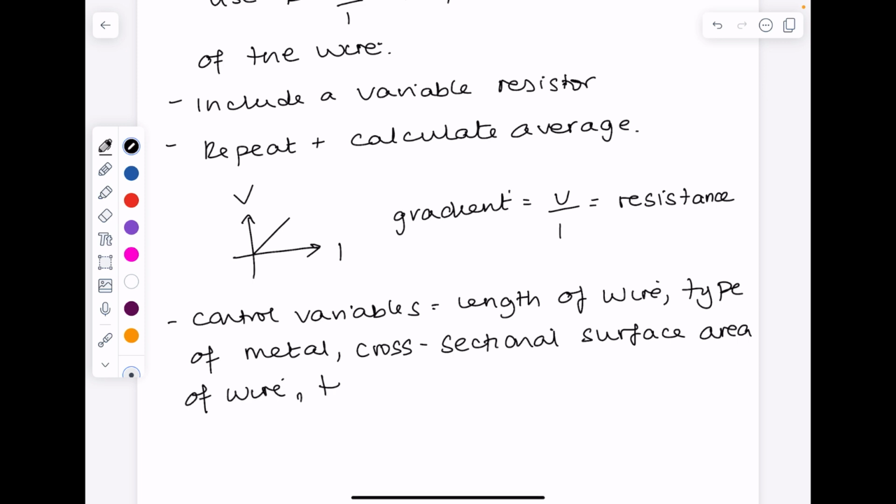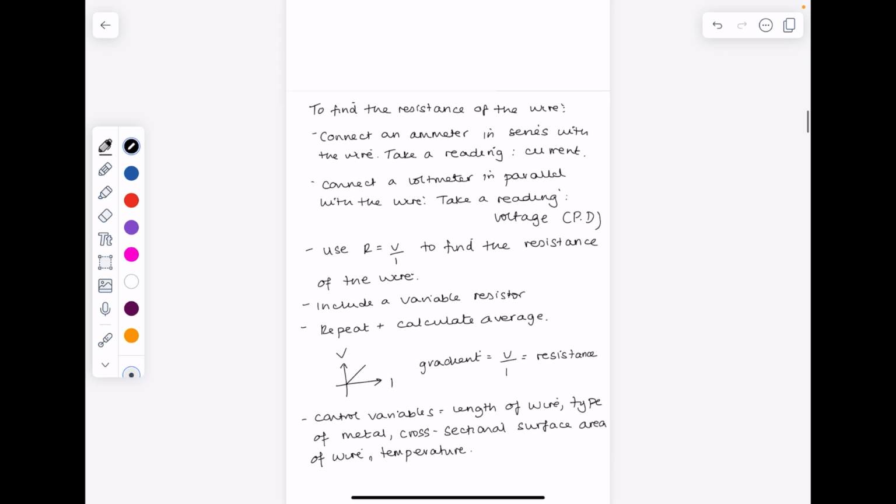We also want to keep the temperature the same. And so I'm hoping you can see when I scroll out, I've written a really nice full method here as to how we're going to investigate how the resistance of a wire changes with the voltage across the wire.